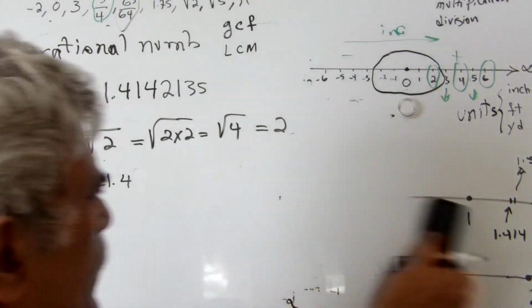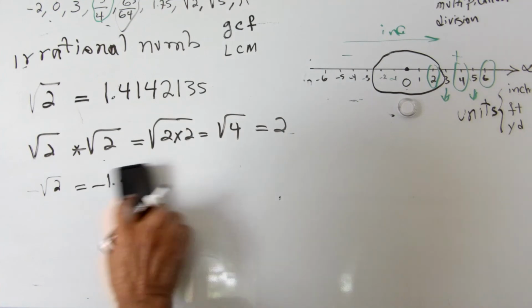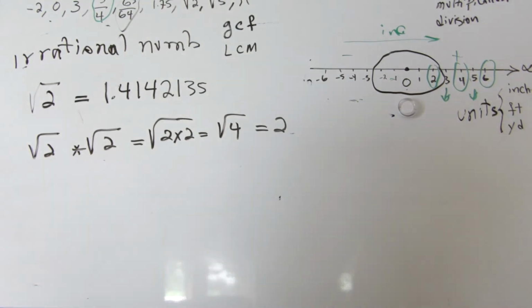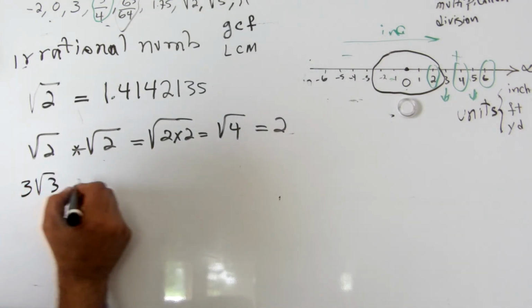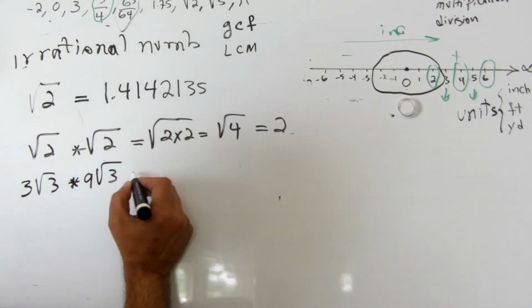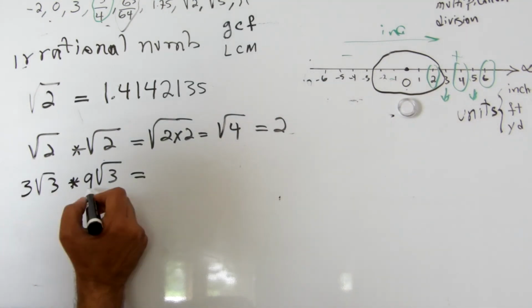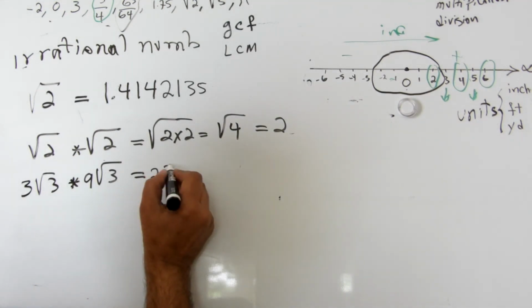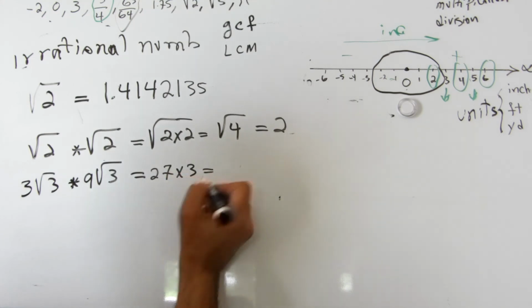Okay, enough for that. Let's talk about multiplication. We have 3 radical 3 times 9 radical 3. You multiply the coefficients together, which is 27, and radical 3 times radical 3 is 3.